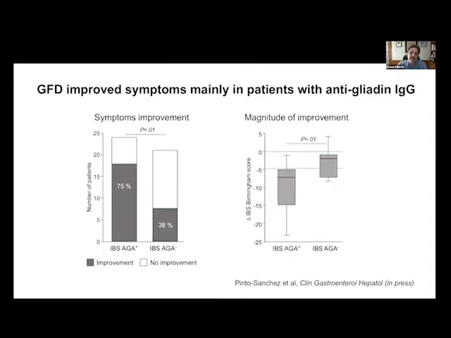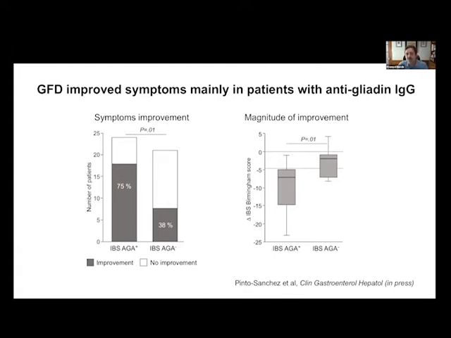We found that when we stratified the patients based on presence of anti-gliadin antibodies, specifically IgG antibodies, those patients who had these anti-gliadin antibodies were responding more to the gluten-free diet. In this group, 75% had significant improvement, compared to 38% in patients without anti-gliadin IgG antibodies.